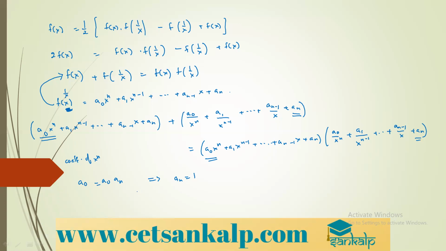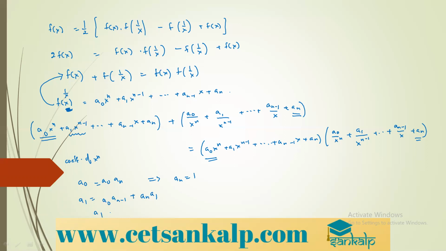Similarly, the other coefficients also you can compare. Like you can take the coefficient of x power n minus 1. What is the coefficient of x power n minus 1? On the left side, it is a1. On the right side, what will you have? a0, an minus 1 plus an, a1. Already you know an is 1.